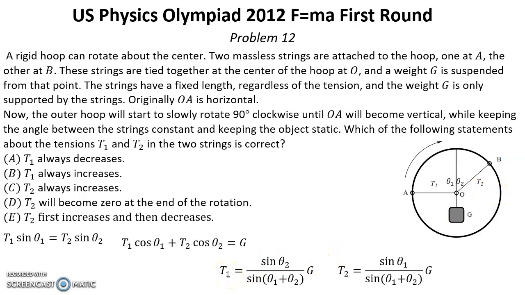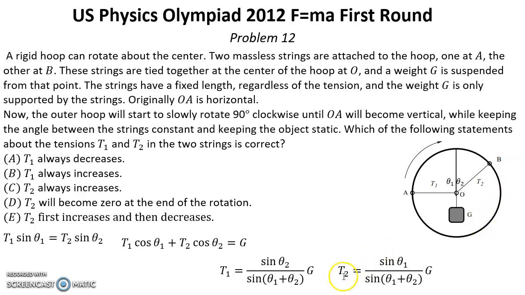And let's check what happens if the angles are changing. T1 starts from sine theta 2. Initially it's increasing, and after reaching theta 2 = pi over 2 it starts to decrease.